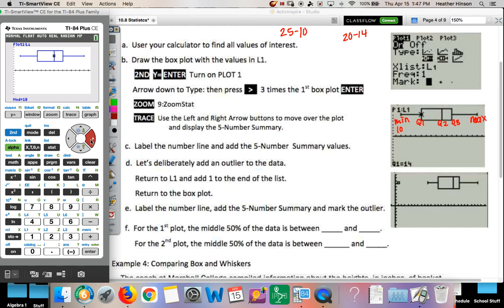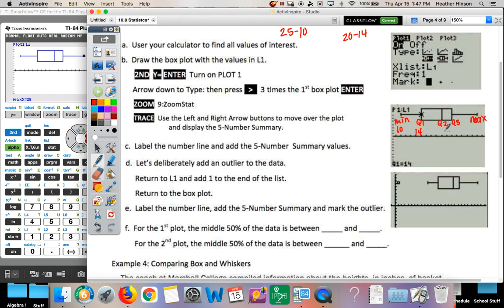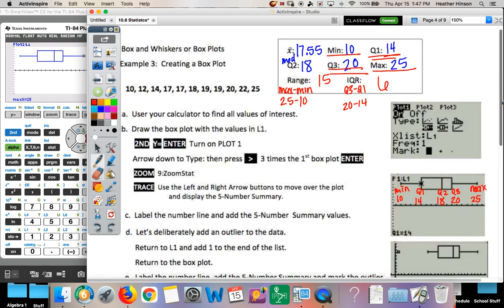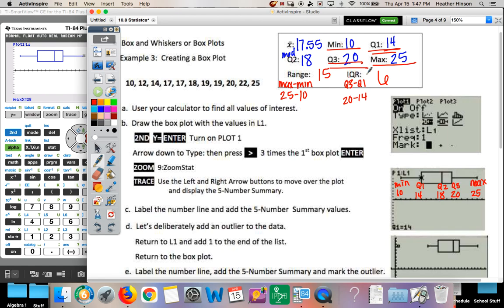So 14, 18, 20, and 25. So that's what we get from the calculator, which again is exactly what we got up here when we plugged it all in.